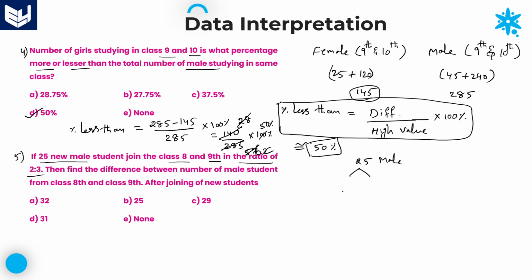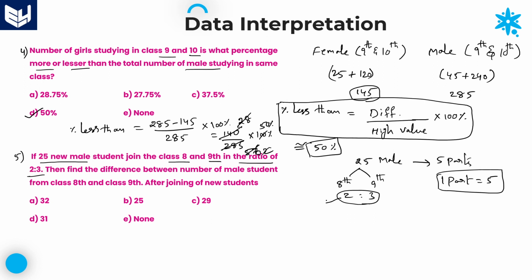These 25 male students are joined in 8th class and 9th class in the ratio 2:3. Here total will be having 8th and 9th together 5 parts. So this 25 males is equal to 5 parts. Then 1 part is equal to how much? 5 parts is equal to 25, then 1 part is equal to 25 by 5, which is 5.